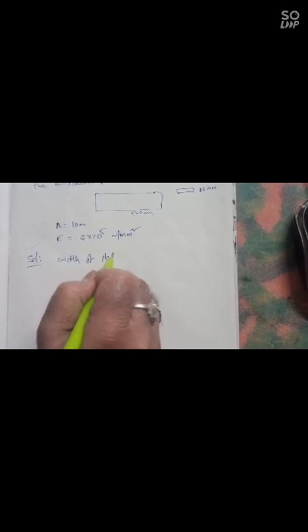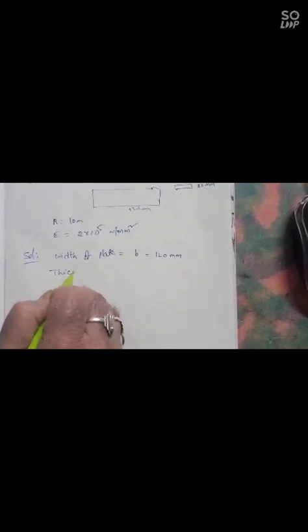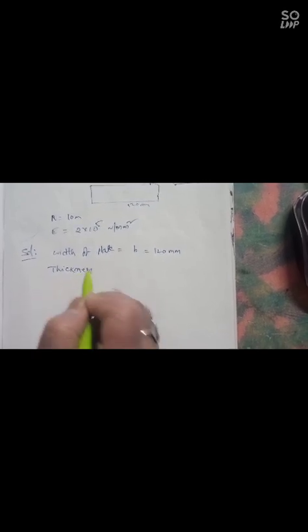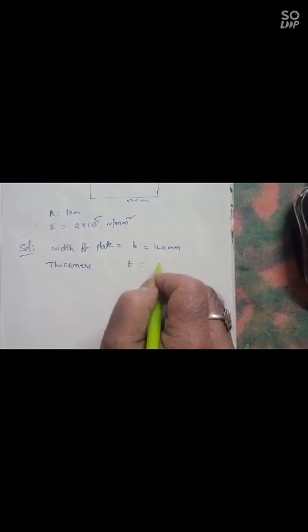Now coming to the solution. So width of the plate is B, that is 120 mm, and the thickness is T, that is 20 mm.